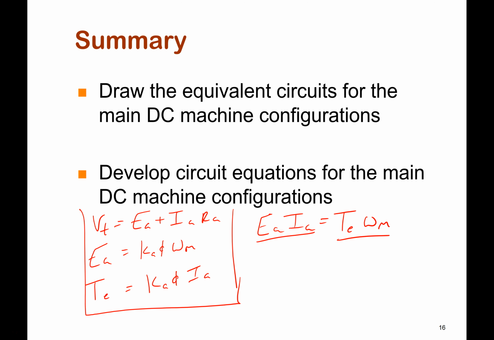And remember, the equivalent circuit is very simple: you have your armature and your terminal voltage. That's basically it. As long as you know this, you can derive your circuit equation.